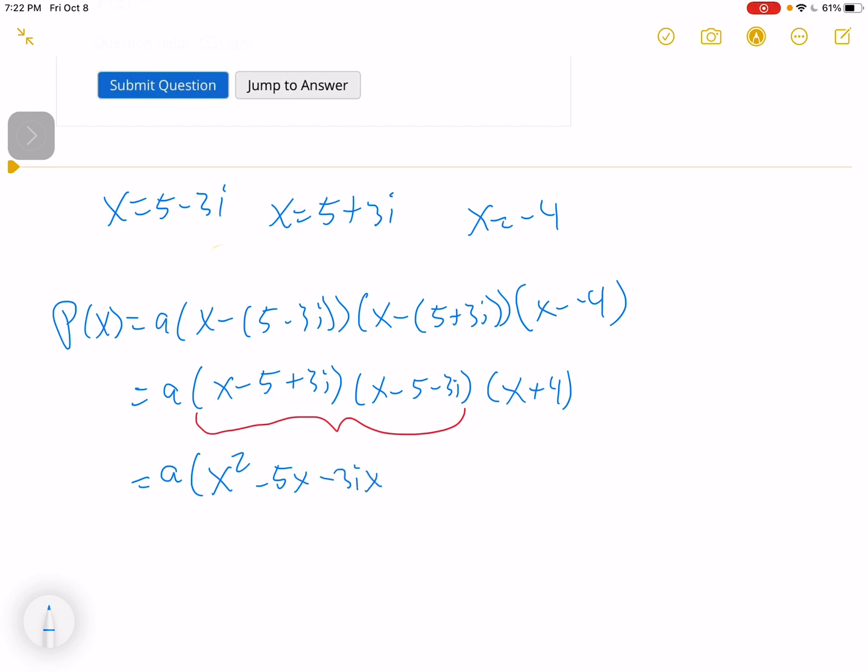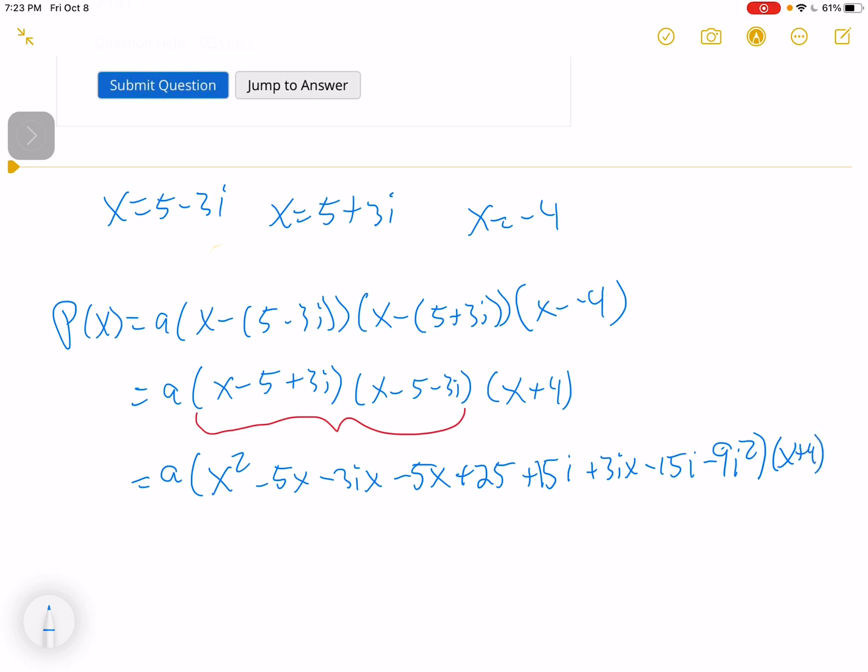Then we have negative 5 times x, so negative 5x plus 25 plus 15i. And then we have 3i times x, so plus 3ix, minus 15i, and then 3i times negative 3i is minus 9i squared. And we still have out here the x plus 4.